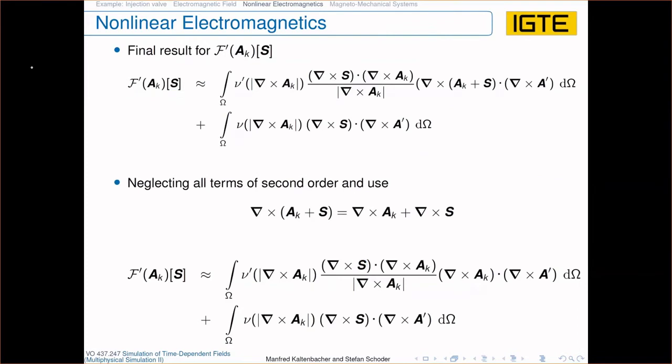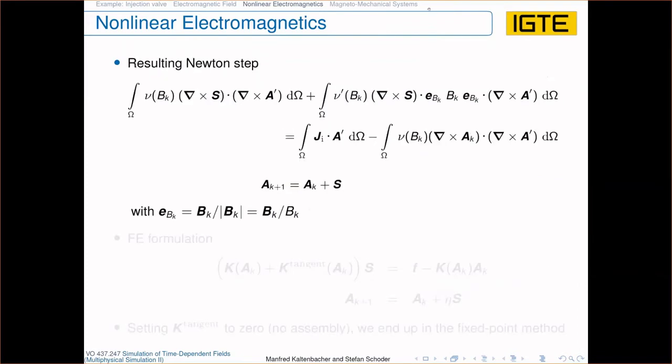Okay, so let me summarize it as shown on this slide. We have our standard term plus this term, where we had a lot of work. And please consider this relation: the vector b at iteration k divided by the absolute value of b at iteration k is the unit vector EBK, which we use heavily in this notation.